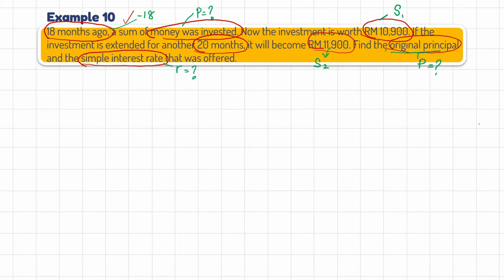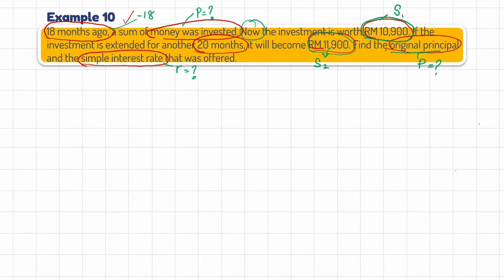From the question, we know that we have two S. S1, which is 10,900, and S2, 11,900. S1 is calculated from negative 18 to now, whereas 11,900 ringgit is calculated from negative 18 to 20 months.